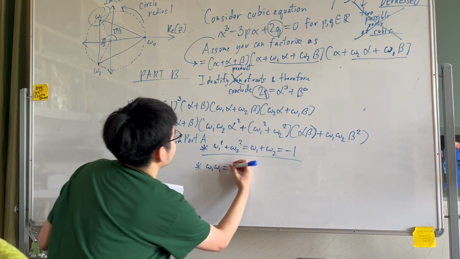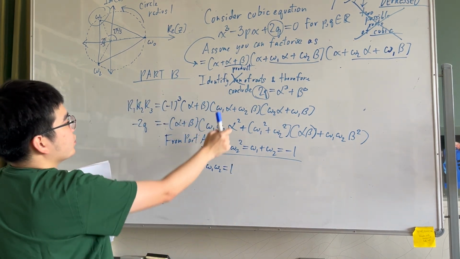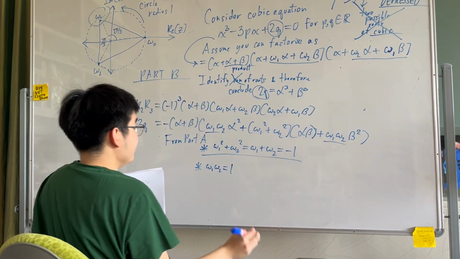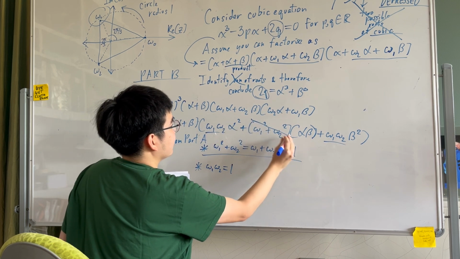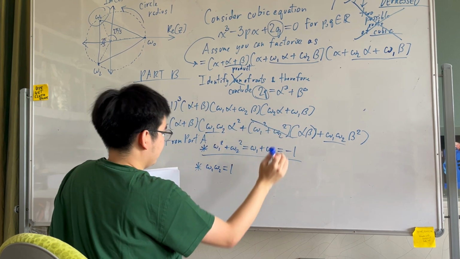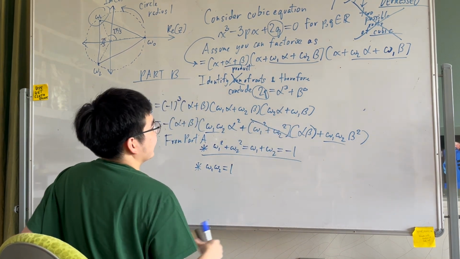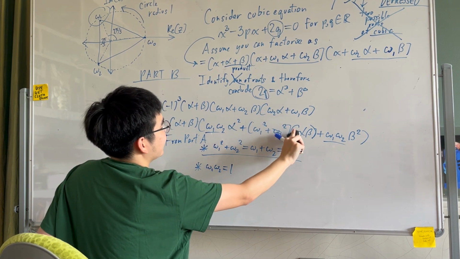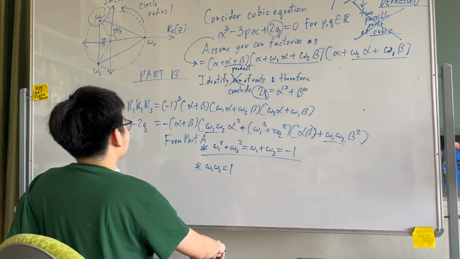Omega 1, yep, is 1. So this just becomes 1. This becomes 1. This becomes 1. This gets annihilated. I'm sorry. It doesn't get annihilated. I was too trigger happy to go on the cancellation there. It becomes negative 1.